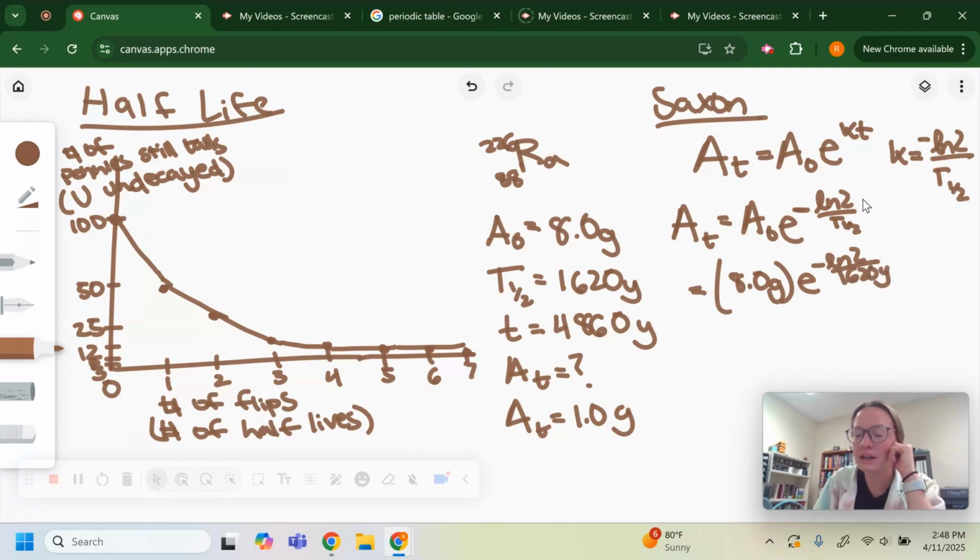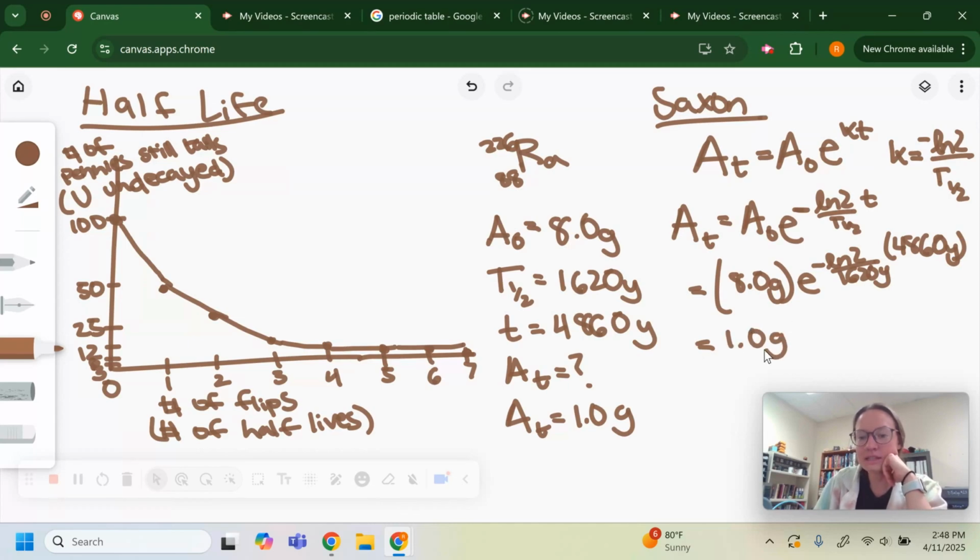Oh gosh, I forgot my times t. Times 4,860 years. And that, if you type it into your calculator, gives you 1.0 grams.